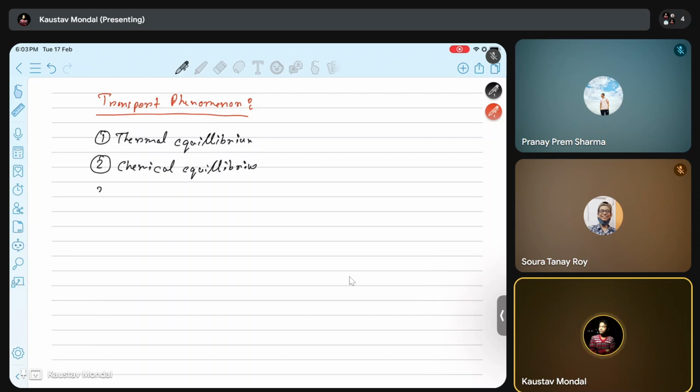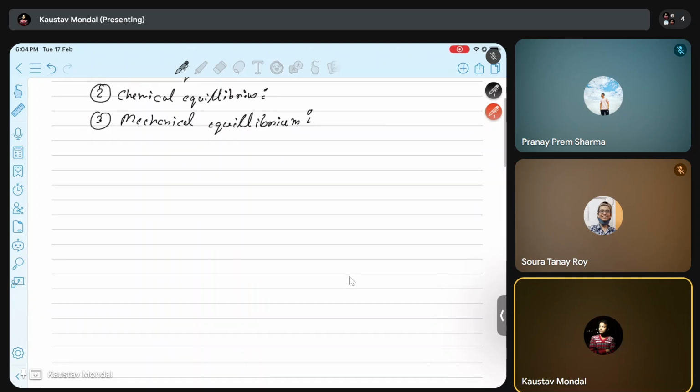And third one is the mechanical equilibrium. So these are basically the three types of equilibrium.